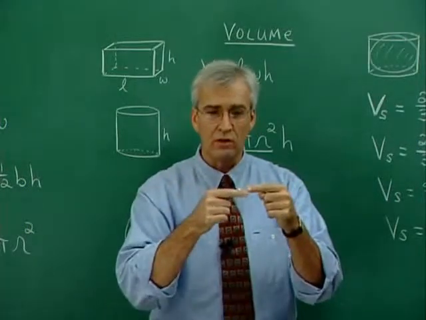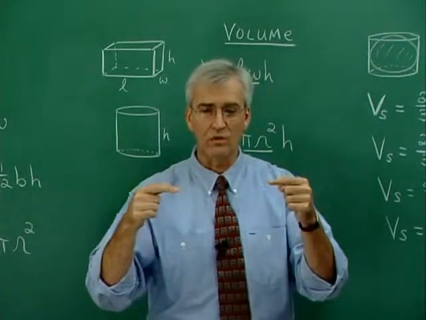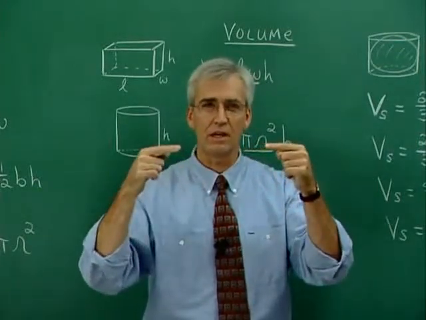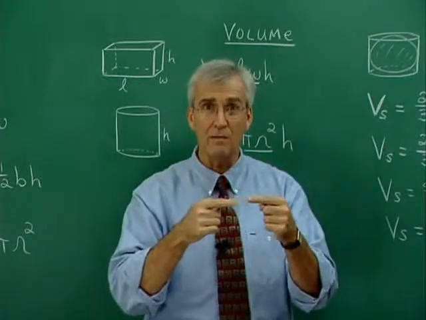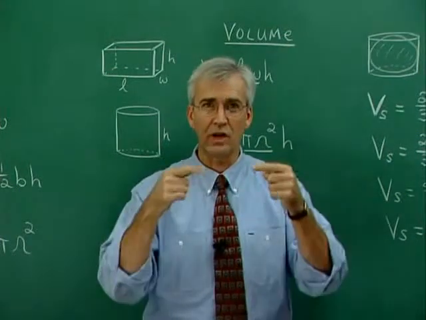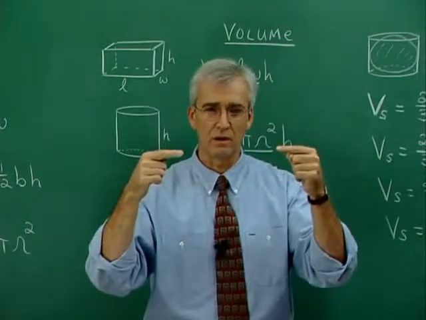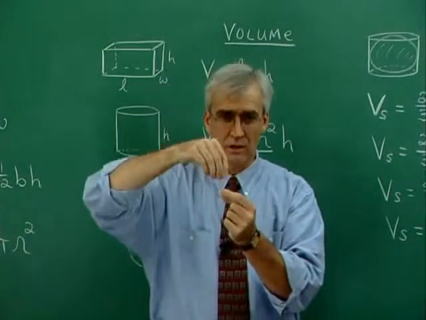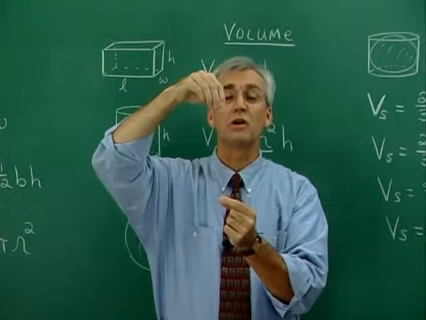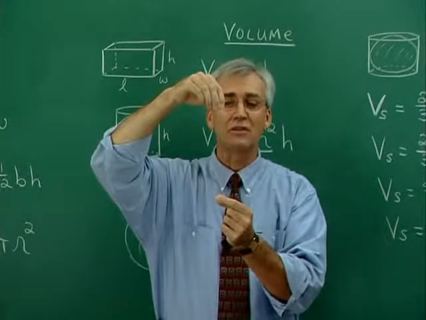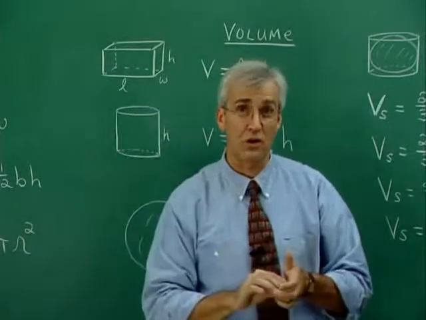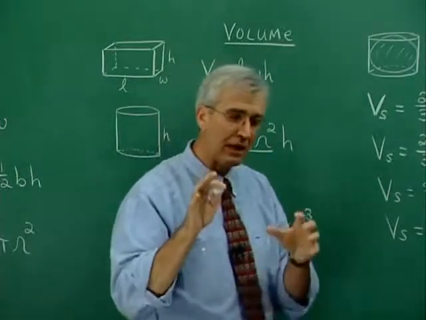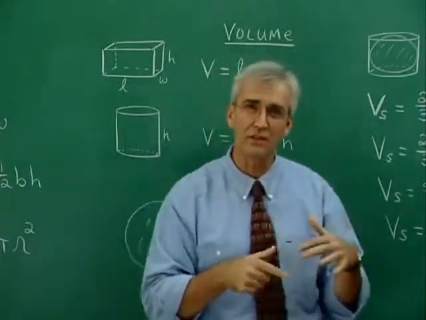You see, the diameter was the same as the diameter of the sphere. Okay, and the height of it was the same dimension. That is, the cylinder was as tall as the sphere was tall, so that he could actually put the sphere inside the cylinder.